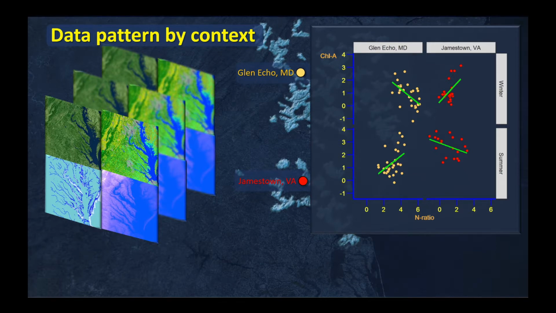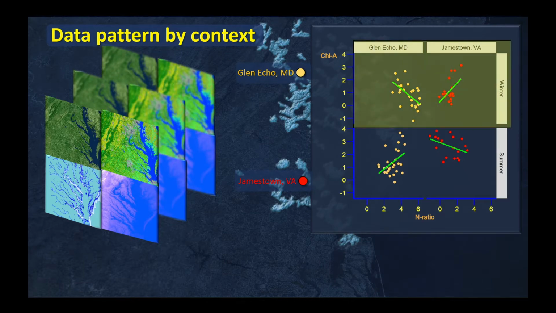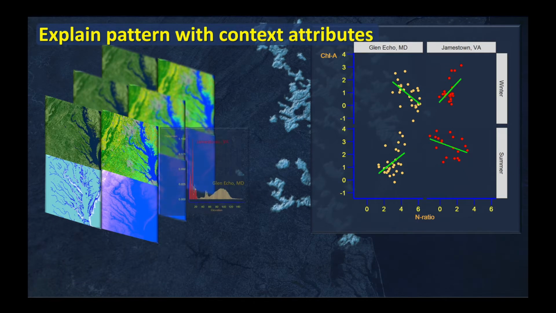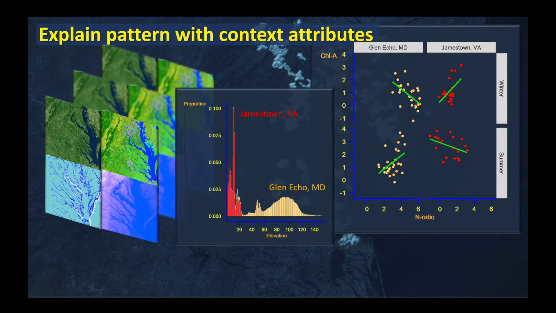Our model shows that during winter, this relationship is negative in Glen Echo and positive in Jamestown. It also shows that in Glen Echo, this relationship differs between the winter and summer months. We may even be able to explain these different patterns on the basis of context attributes.